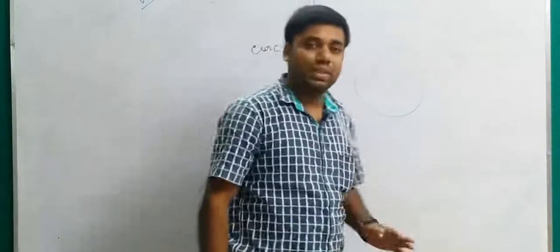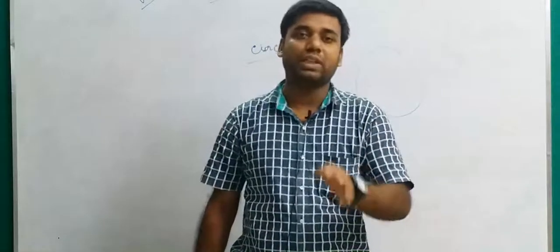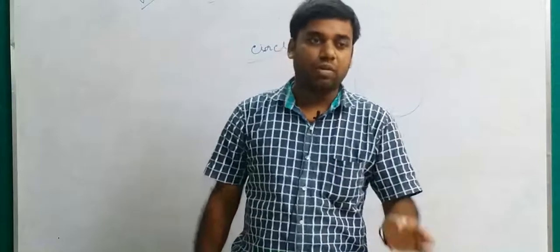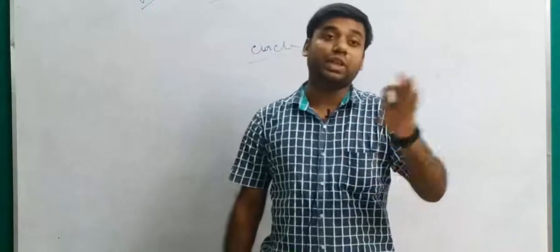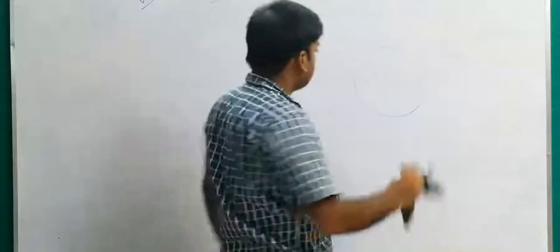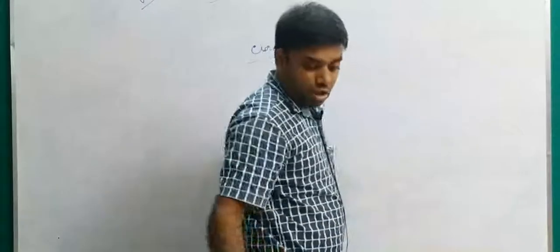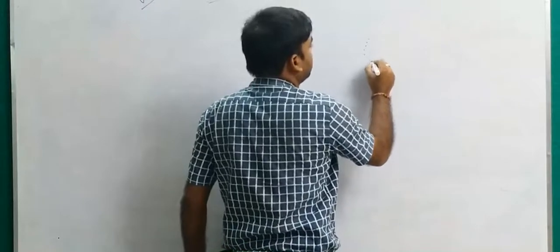If I give a definition, a circle consists of some points in a plane, and from a given fixed point, the distance of each point is the same.